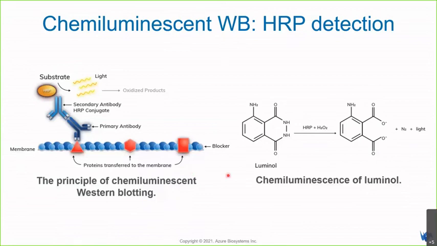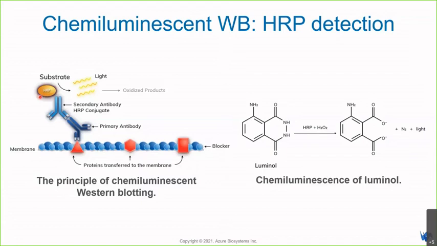Since 1988, enhanced chemiluminescence, or ECL, has become one of the most common detection methods in Western blotting. In this method, the secondary antibody is conjugated to the enzyme horseradish peroxidase, or HRP.